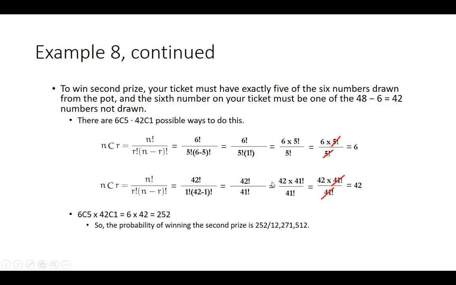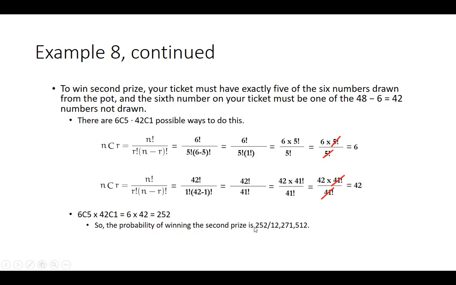We can write out 42 factorial as 42 times 41 factorial. The 41 factorials cancel, leaving us with just 42. So 6 choose 5 times 42 choose 1 is 6 times 42. So there are 252 ways to win second prize.